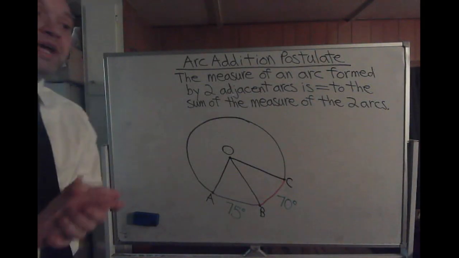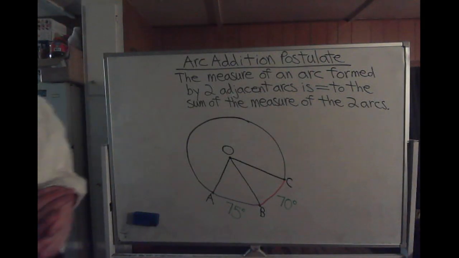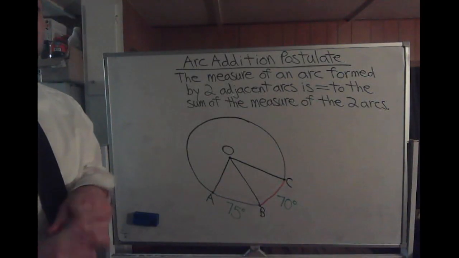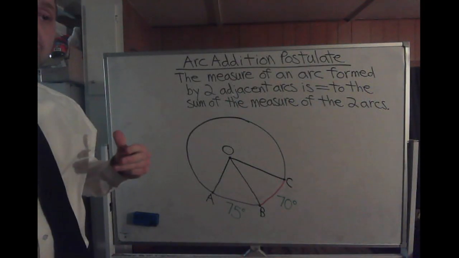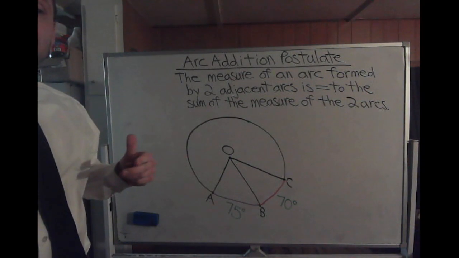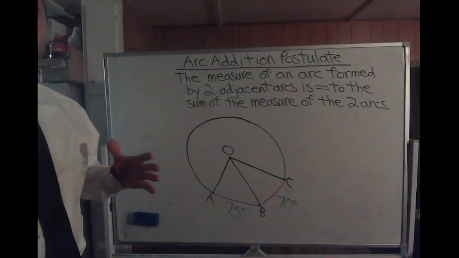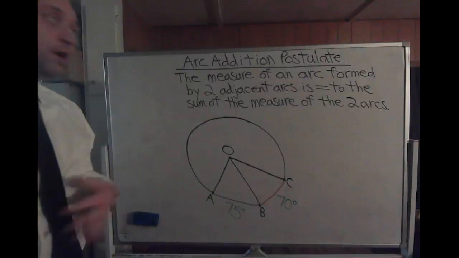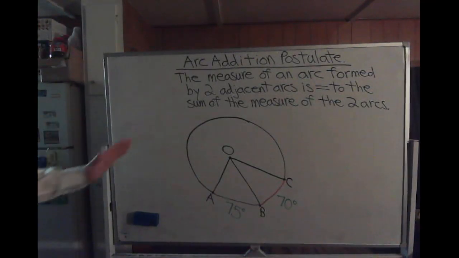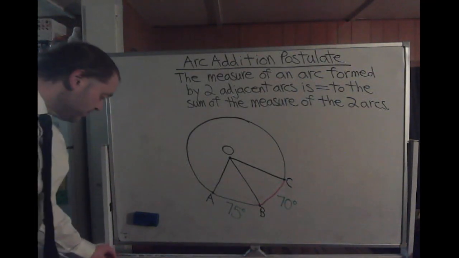So remember we had the angle addition postulate, where if you have an angle that's split into two or more angles, it's just the sum of the measure of the smaller angles inside of that angle, and then you've got your whole angle. Well, this is kind of saying the same thing, only with arcs.